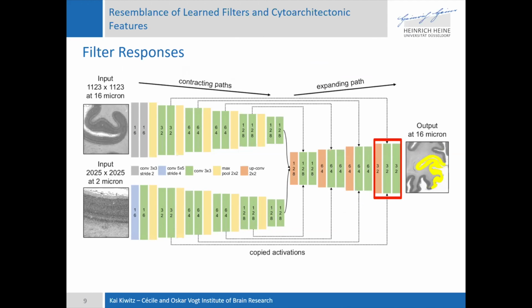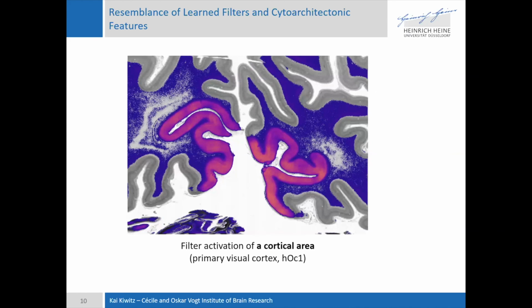Moving towards the final layers of such a CNN tool, we find filter activations for whole cortical areas. This network was trained for a cortical area, hOc1. So in the later layers, we find filter activations for the primary visual cortex, for example.